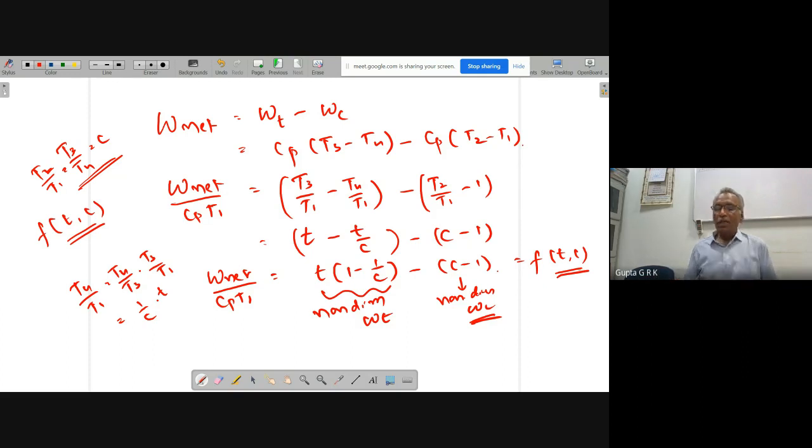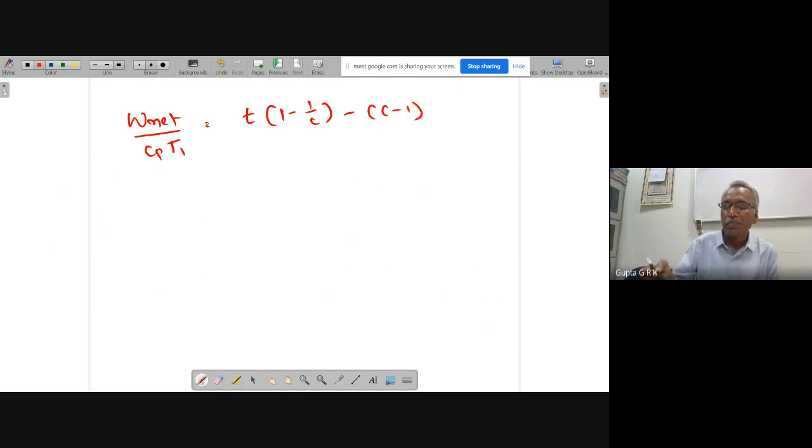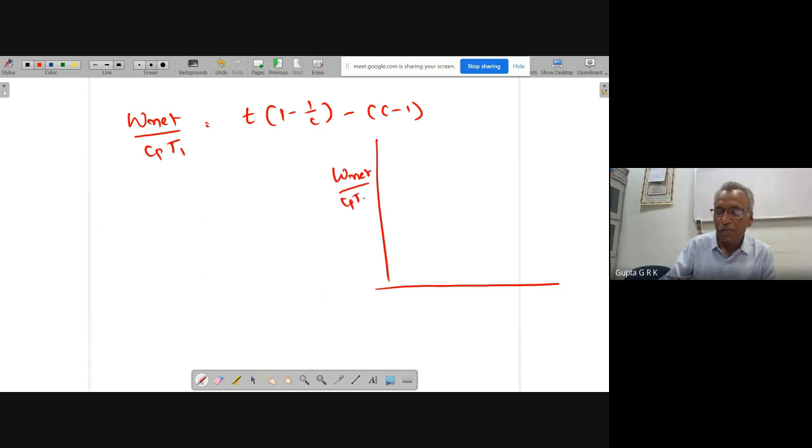So I want to see how this varies with T and C. So W net by Cp T1 is equal to T into (1 minus 1 by C) minus (C minus 1).